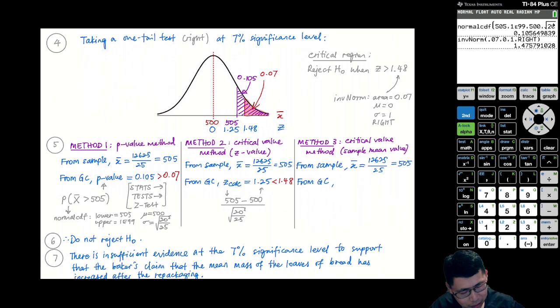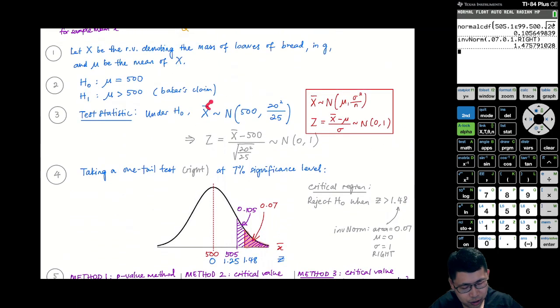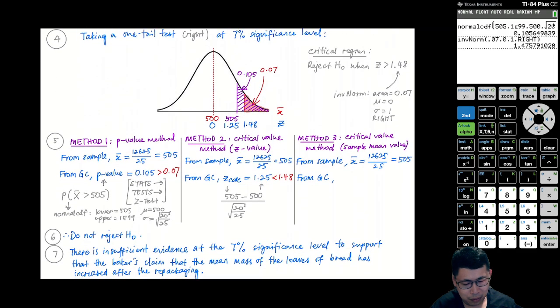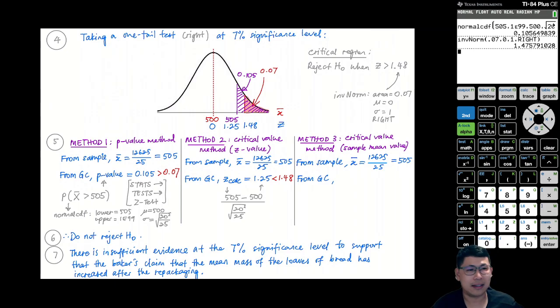It's the same process as this, just that the distribution we are using is the original distribution instead of this distribution. So this is what we are going to do for method 3.